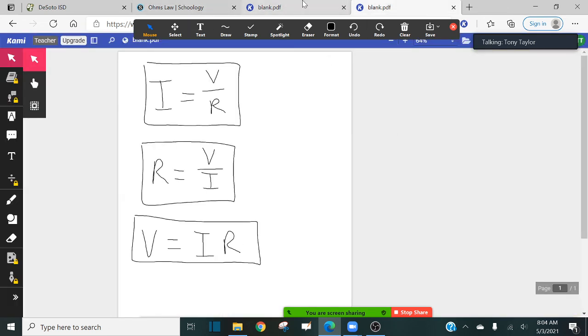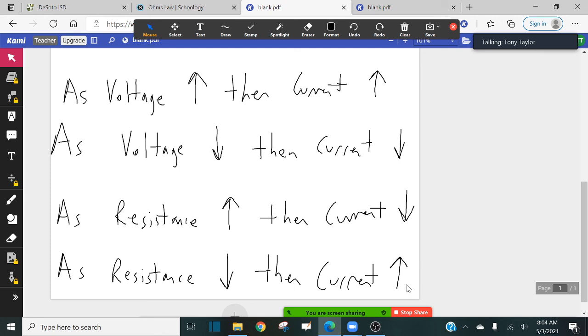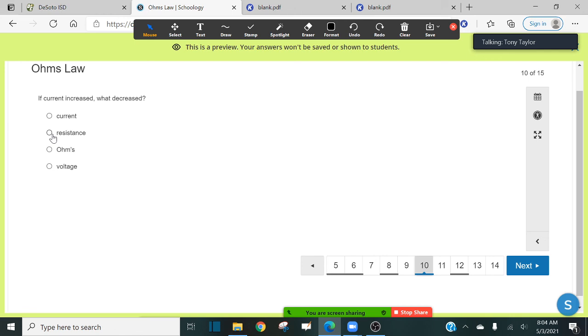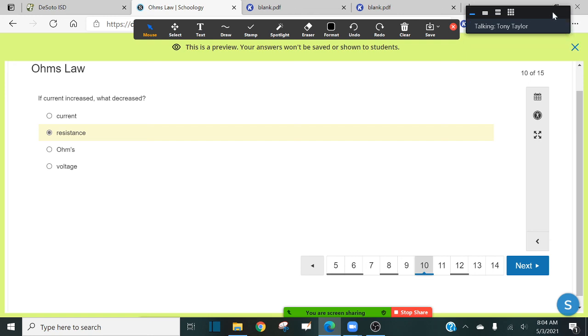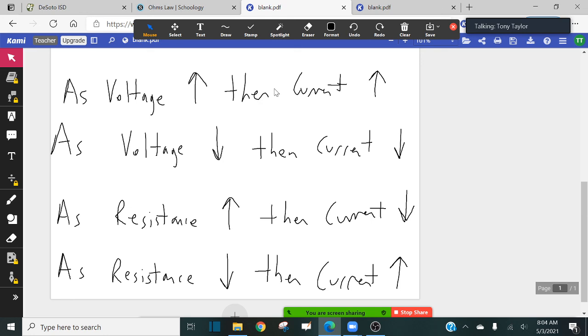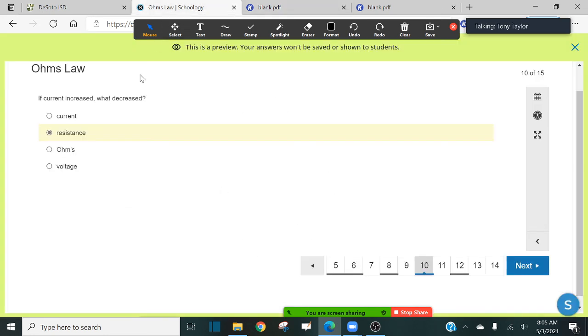So we see that here. If current increased, that means resistance had to decrease. So that would be that right there. Okay, so I want you guys to do the rest by yourselves. Again, just use these principles here to answer the remainder of those questions that look like that.